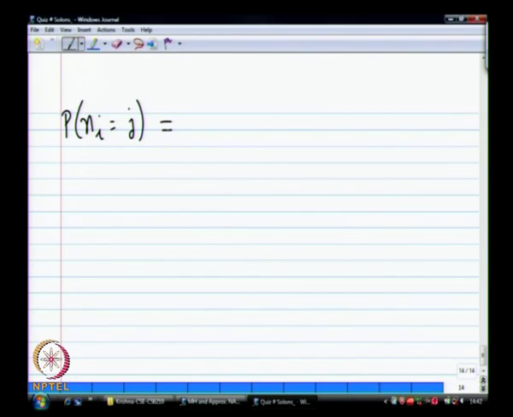So that is one, and if you want to know exactly how many customers are there, what is the probability of exactly j customers in a queue i, that is simply the probability that there are greater than or equal to j minus greater than or equal to j plus 1, is that correct? So that will give you the probability that the queue length exactly equals j.